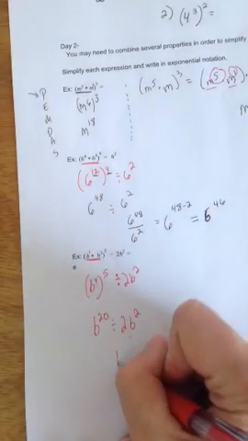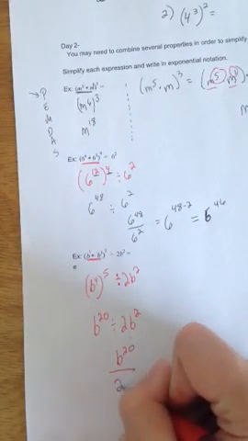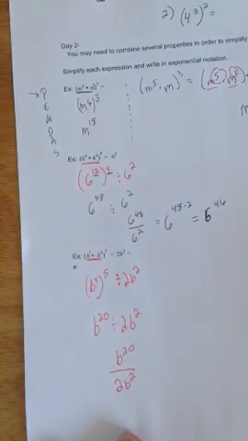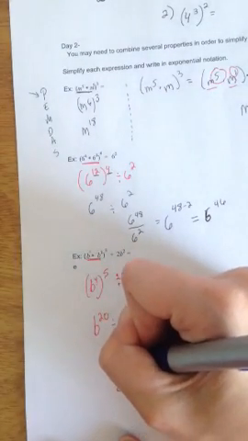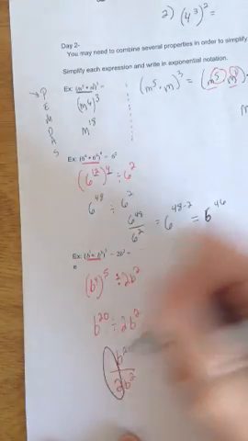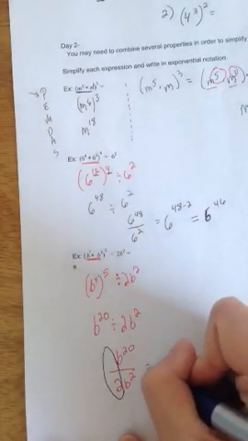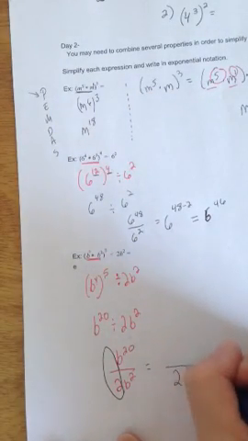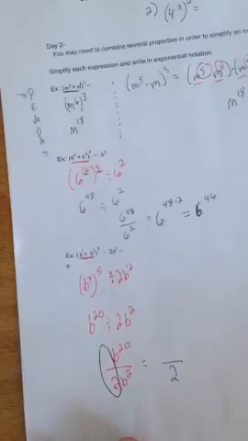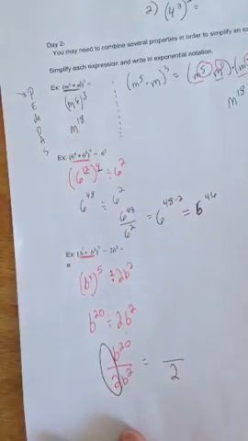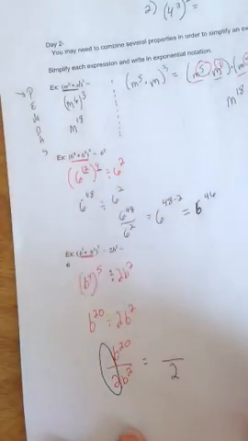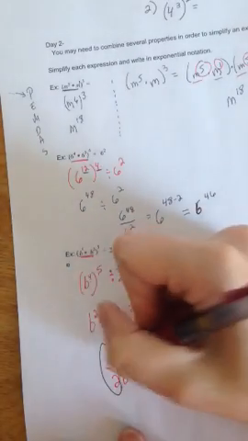Again, I like writing it as a fraction. That just helps me clarify what's going on. Now if you notice, there's no other number up top for this 2 to be divided by. So the 2 is just going to come along for the ride in the denominator. Because it stays in the denominator, you can't just bring it up to the numerator. But then my bases can stay the same here. So now I can look at my b's.